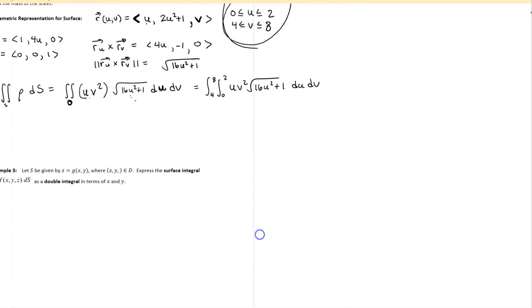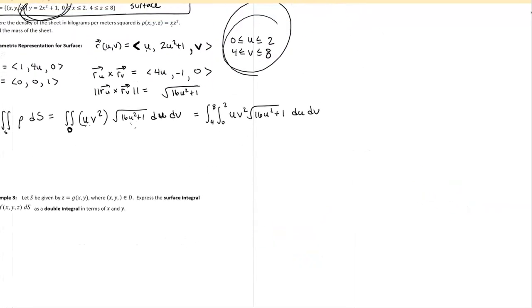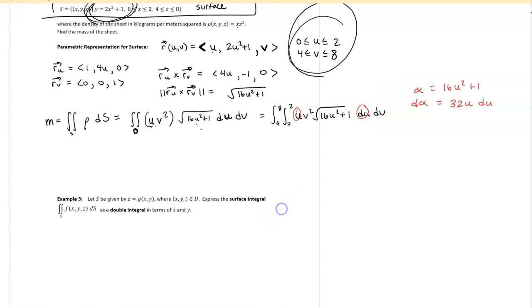We need some substitution here to do this integral with respect to u first. So if we call, for instance, alpha equals 16u squared plus 1, then d alpha equals 32u du, and we have the u du that we're working with, so we just need to incorporate a substitution factor of 1/32.